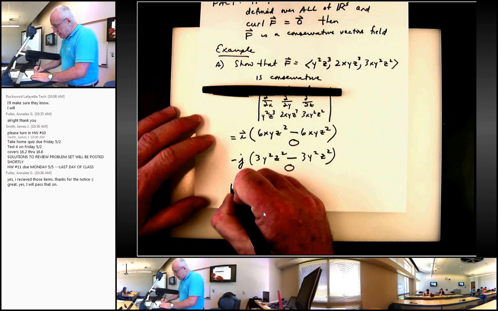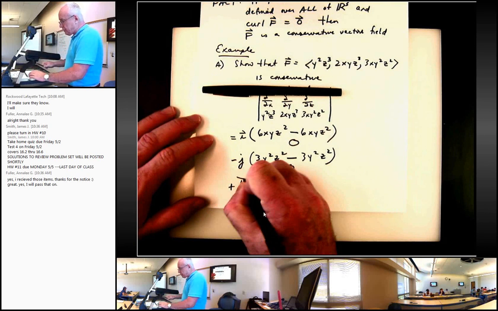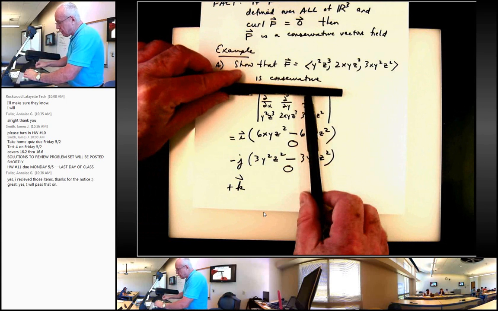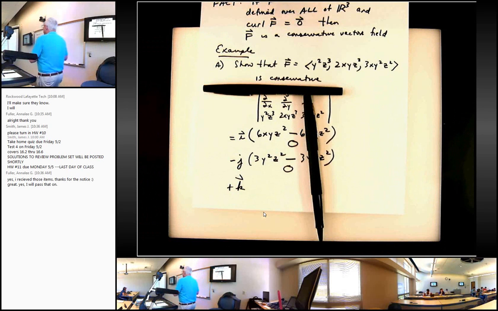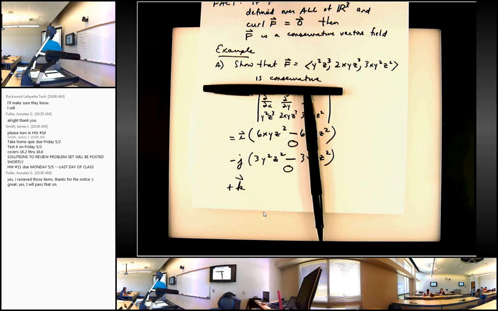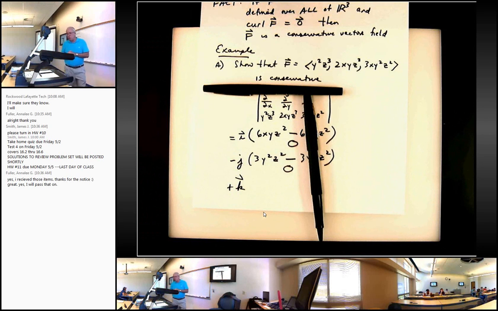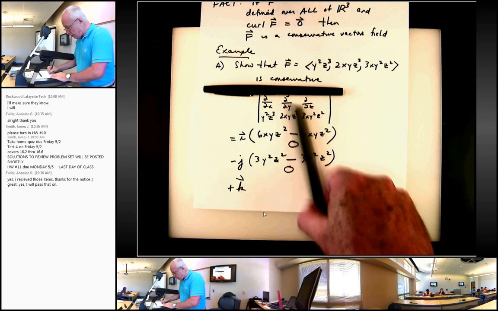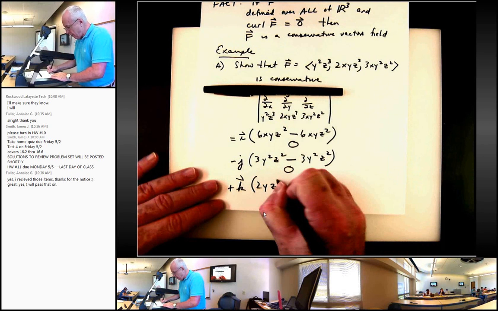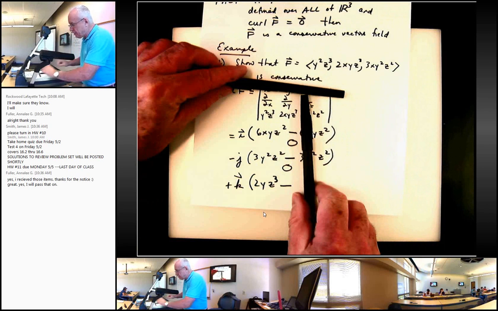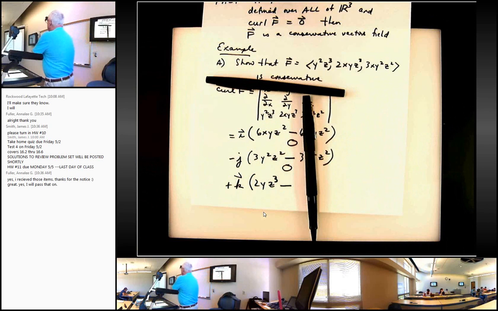So it's just left now to the third component, the k, and let's block out the first row, third column. So now we have del/del x of 2xy z to the third. X is my variable, so that leaves me with 2y z to the third, minus, and then we do the up diagonal, del/del y of y squared z to the third.